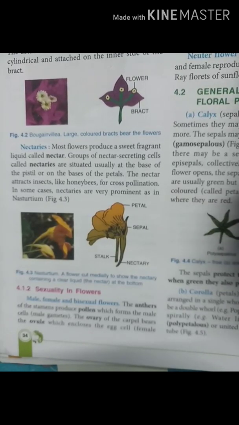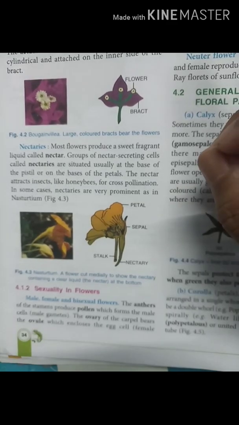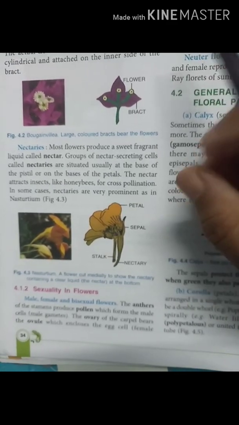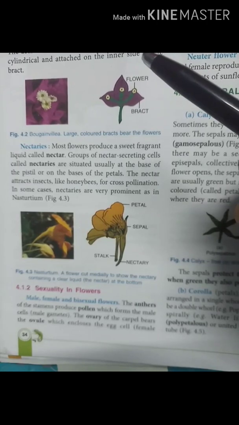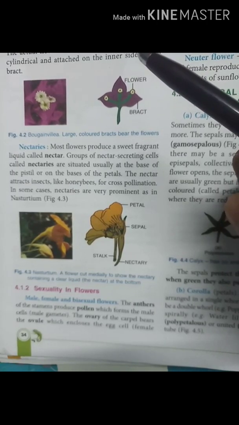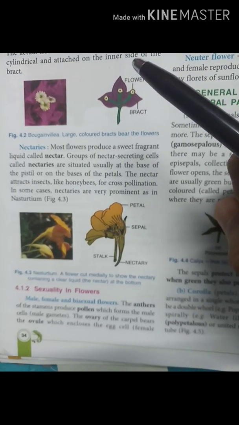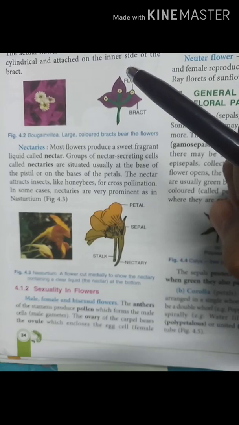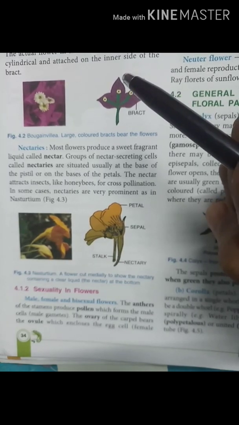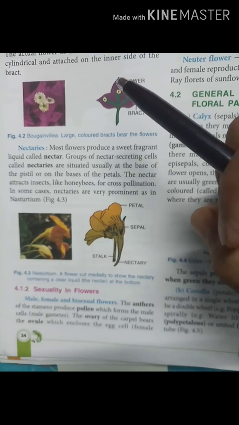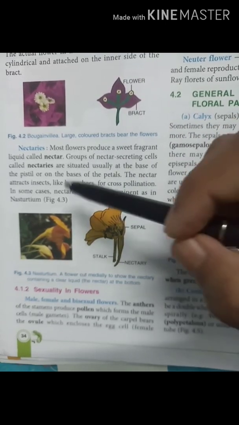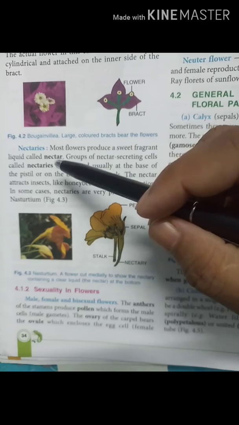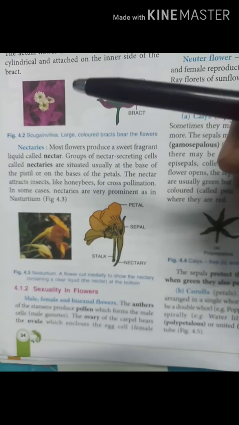That's why insects come close to the flower to suck nectar, especially honeybees. When a honeybee hovers over flowers, it comes only to suck nectar, which is secreted from the nectaries, the group of cells present at the base of the ovary. Clear?